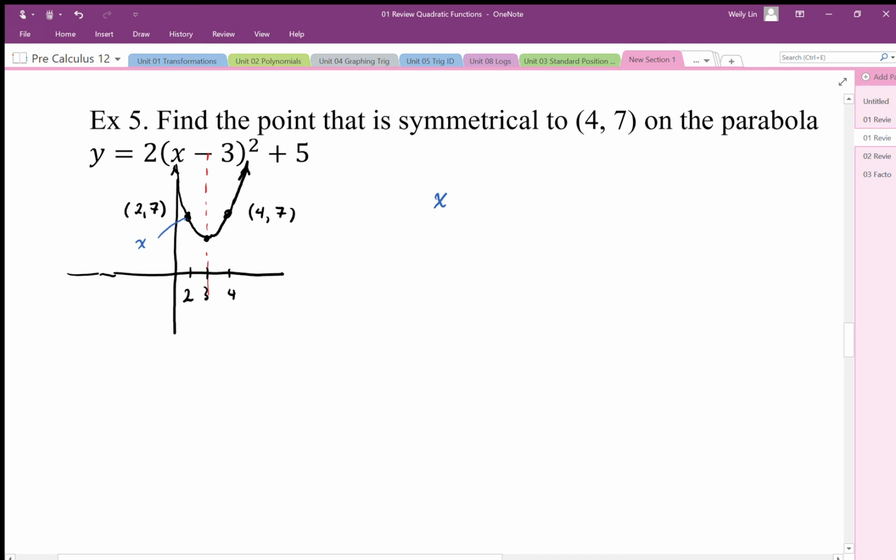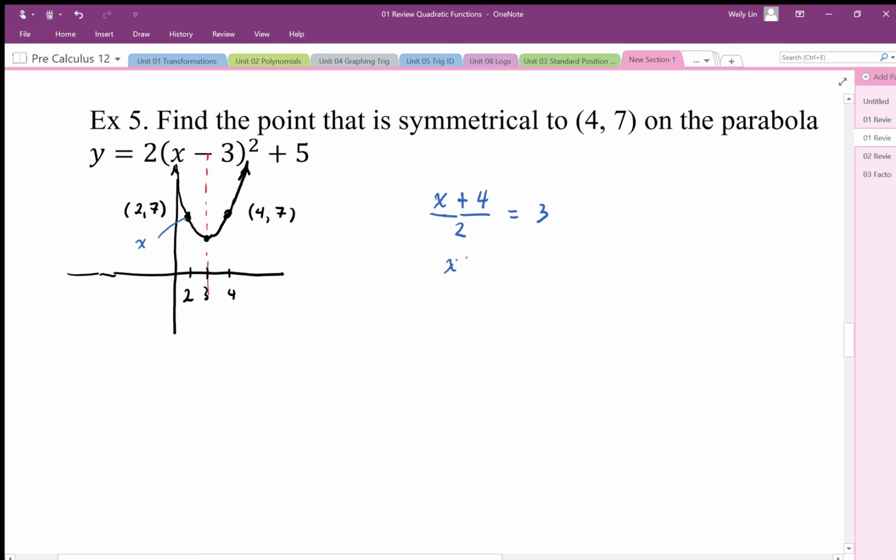I know the position x is what I'm looking for. I have the position here of 4, and I have a middle position of 3. The outside positions, if I find the average or divide by 2, I'm going to get the middle position, or the middle coordinate of 3. And I can solve for x here.